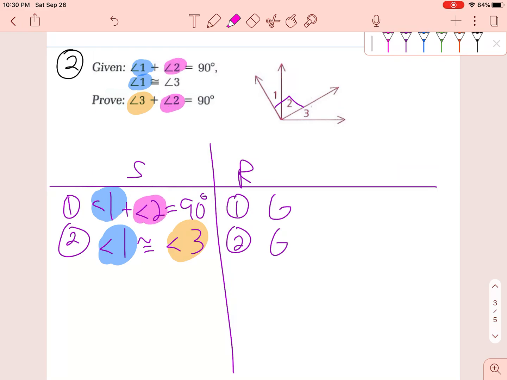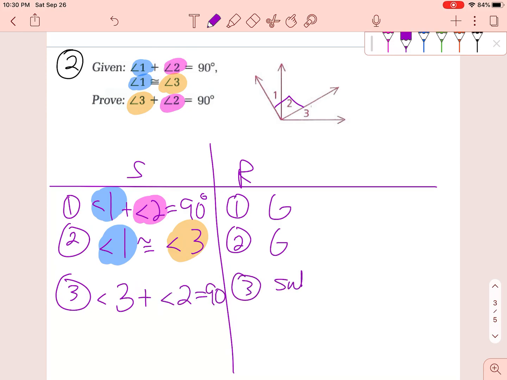Okay, so again, if you need the colors, here's the colors. So I'm trying to prove that angle 3 plus angle 2 is equal to 90, and that is just the substitution property.